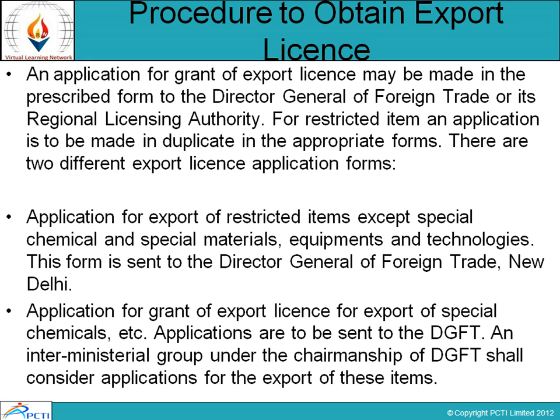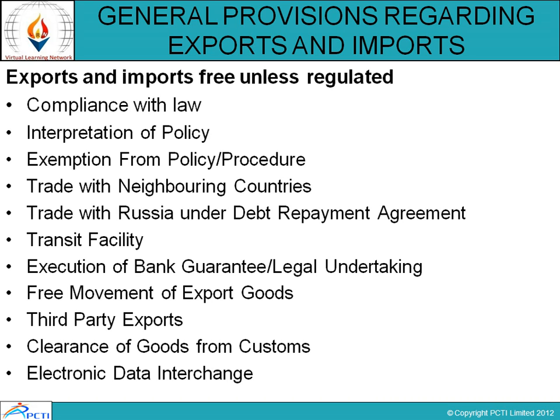Applications for grant of the export license for the export of special chemicals etc. are also to be sent to the DGFT, and the inter-ministerial group under the chairmanship of the DGFT shall consider the application for the export of these items. So in that case, if you deal in any kind of chemicals or special chemicals, you have to take the permission of the DGFT.